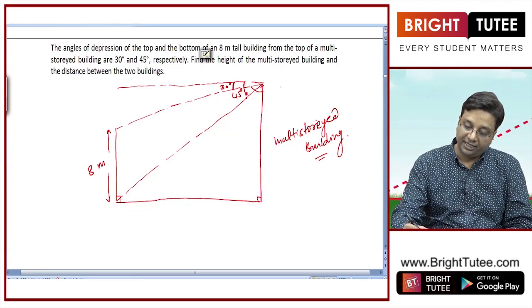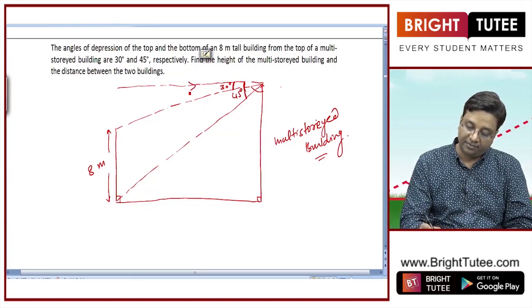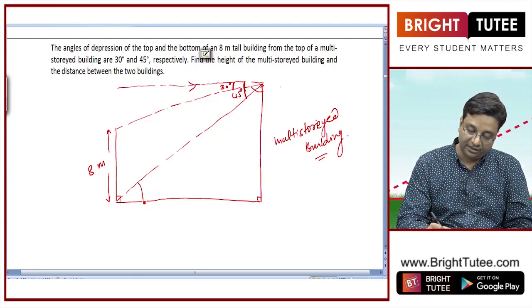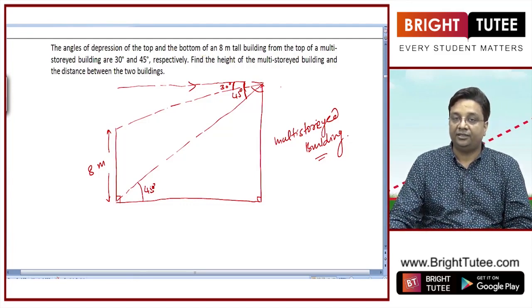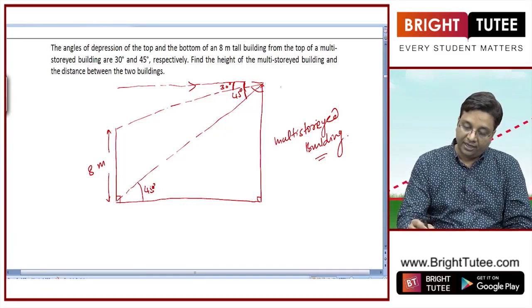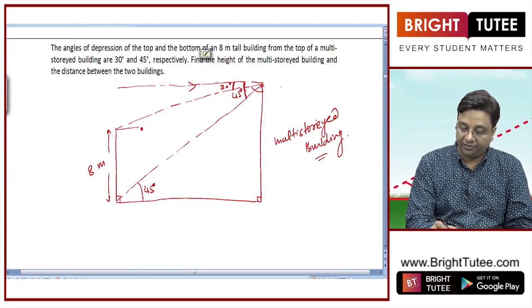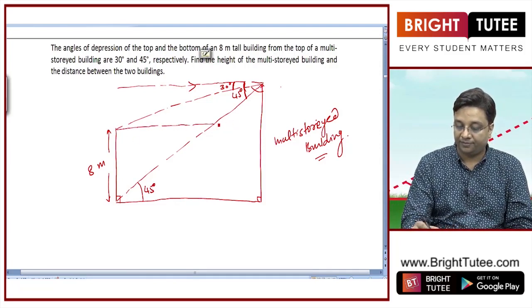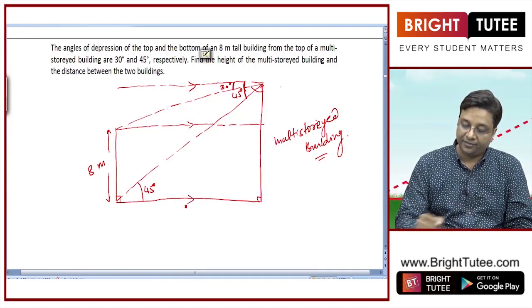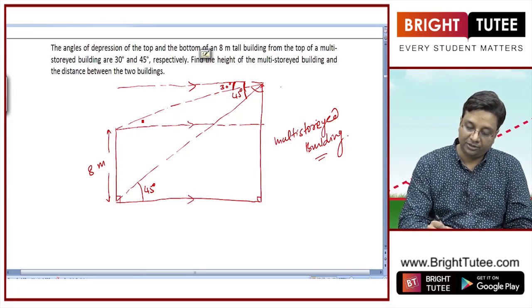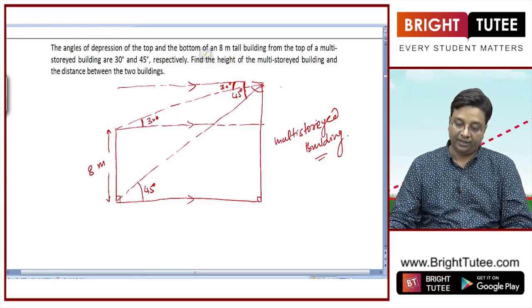If this angle is 45, these two lines are parallel, so this angle is also 45 degrees, alternate interior angles. And let me draw another line here. This line is also parallel to these lines. So if this angle is 30 degrees, this angle here is also 30 degrees, right?